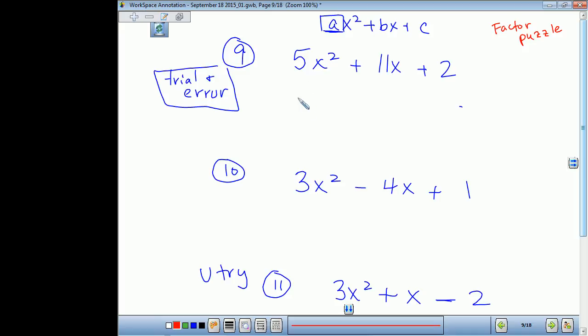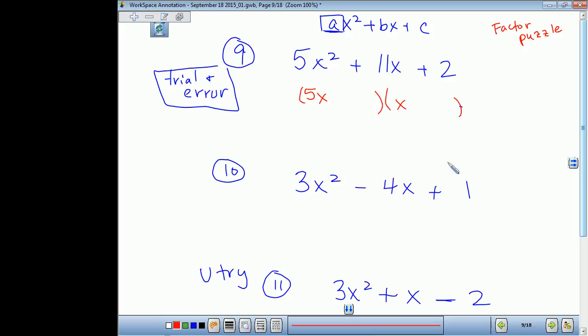So we have to think about how we get 5. 2.5 times 2 does work, but we want to factor over the set of integers, so we're only using integer factors. There's only one way to multiply and get 5 with integers: 1 times 5, or 5 times 1. Yes. 5 and 1.